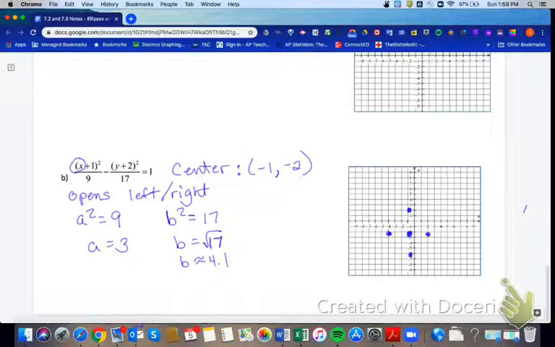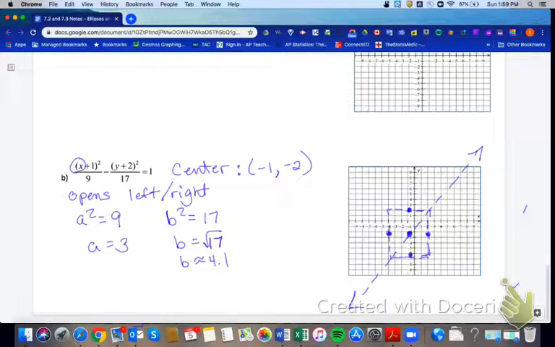Then draw the rectangle. Once you have the rectangle, draw in the slanted asymptote lines.